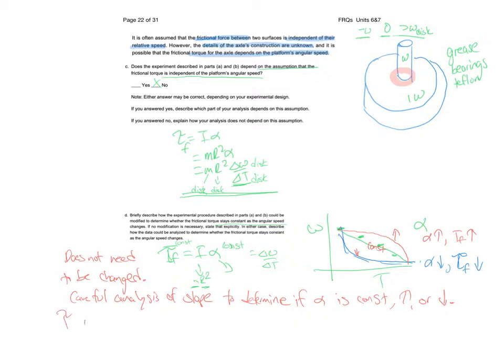Torque is directly proportional to alpha. If alpha is constant, then torque is constant, and then we would go on to explain these other 2 cases. And we could use a sketch to explain that as well.